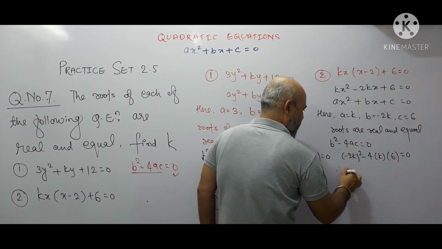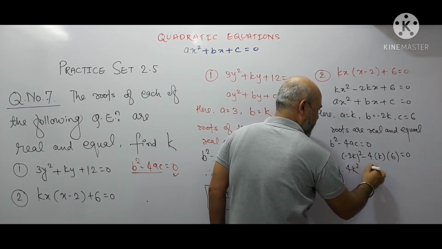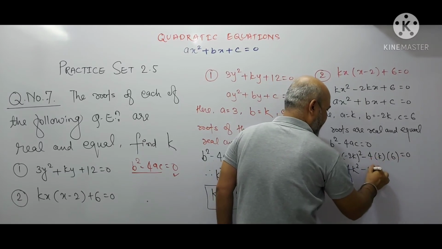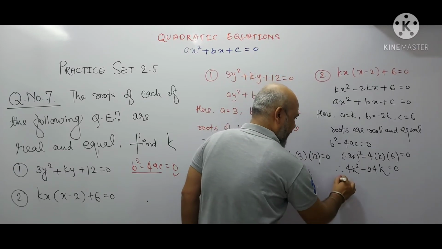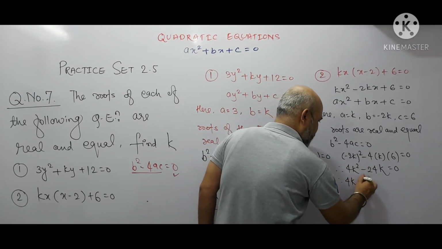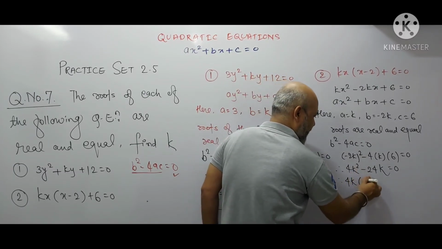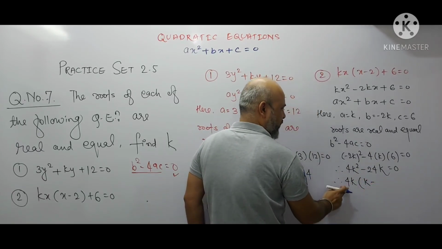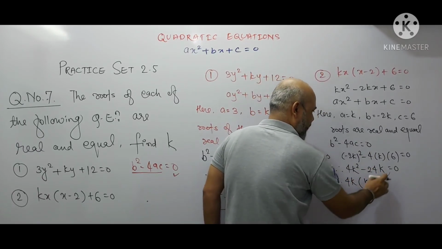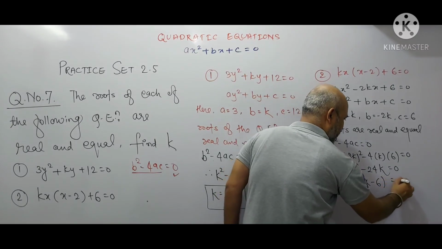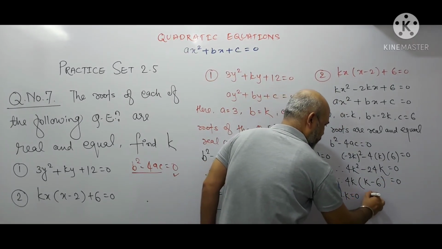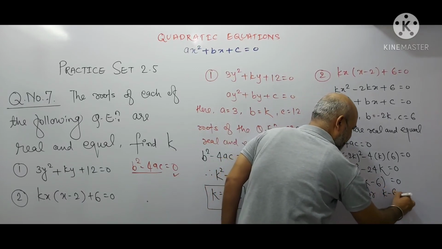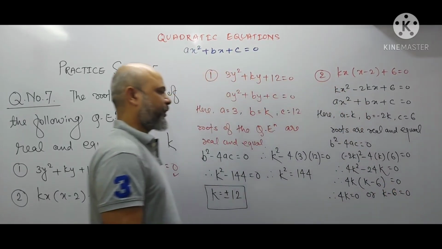So this will be what? 4k square minus 24k, and this is equal to 0. Take 4k as common, so you will get 4k times k minus 6 (4 6s are 24). This is equal to 0.